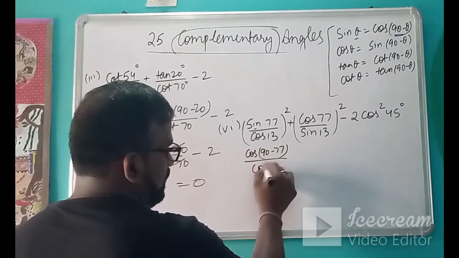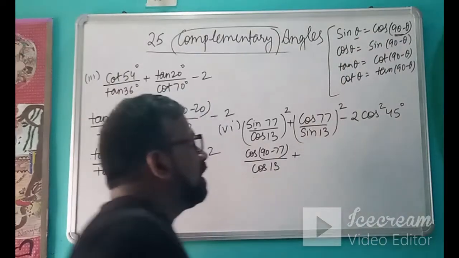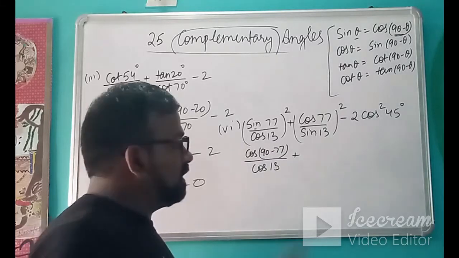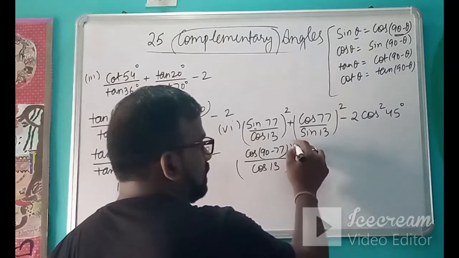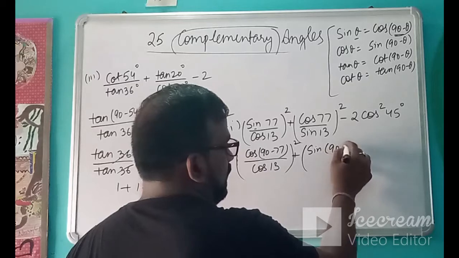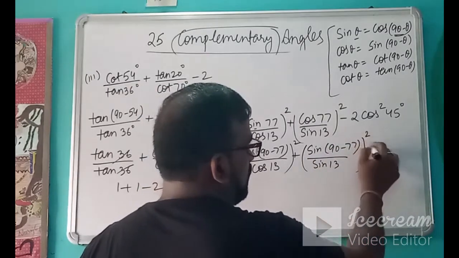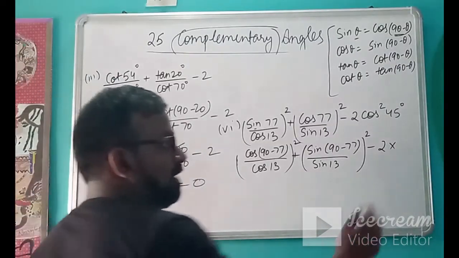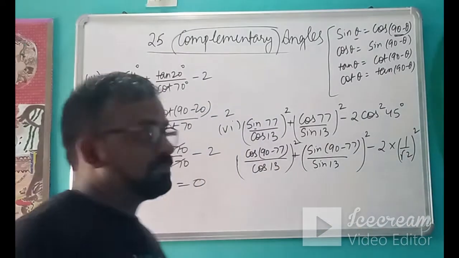See, every time I am repeating many times that this will be your theta for using the relation. Do not write it like this, cos 90 minus 13 degree. Okay, just write it like this: cos 90 minus theta whole square, and this will be sin 90 minus theta, do not change it, whole square minus 2 cos 45 degree. We know the standard value of cos 45, it is 1 by root 2, whole square.